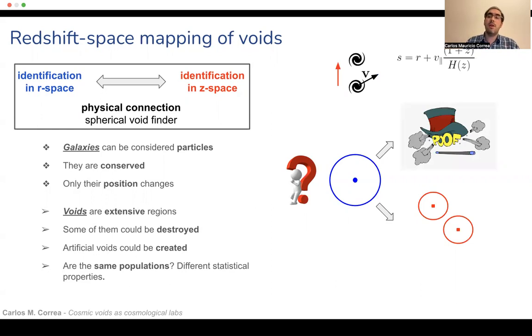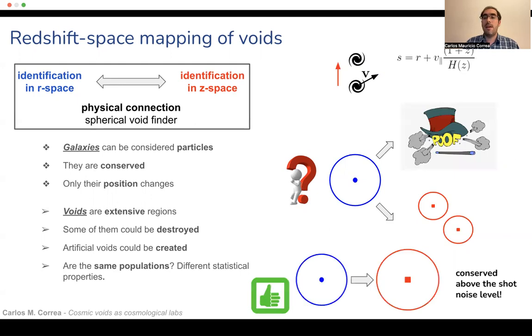And this is because of a fundamental result that we found, and that is voids identified above the shot noise level are conserved. So based on this fundamental result, now we can explain all the effects that act under this mapping and that are responsible for transforming the real space voids into the corresponding redshift space population.